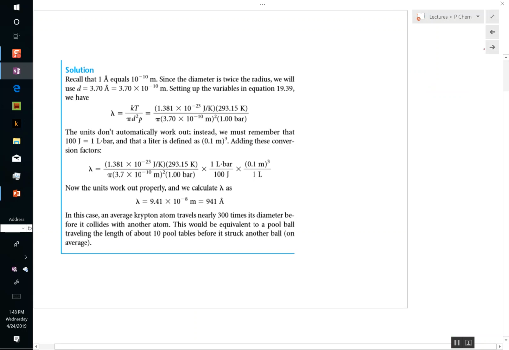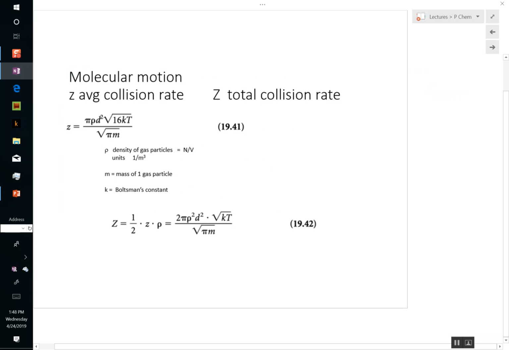There is the solution. The next thing has to do with the average collision rate. So that was the mean free path: how far is a particle moving before it hits something? Now you can work from that over into average collision rate: how often are particles colliding with each other?